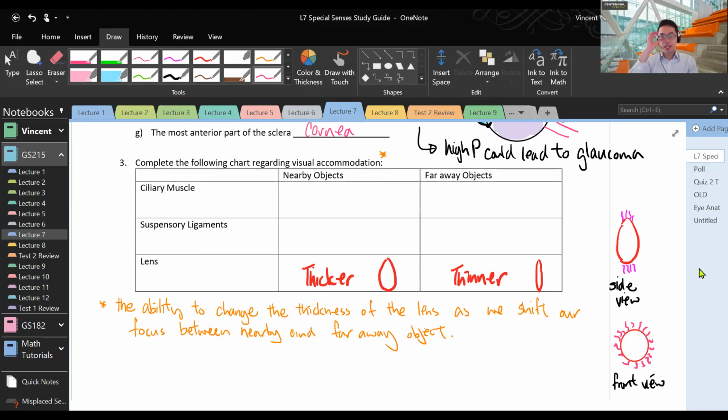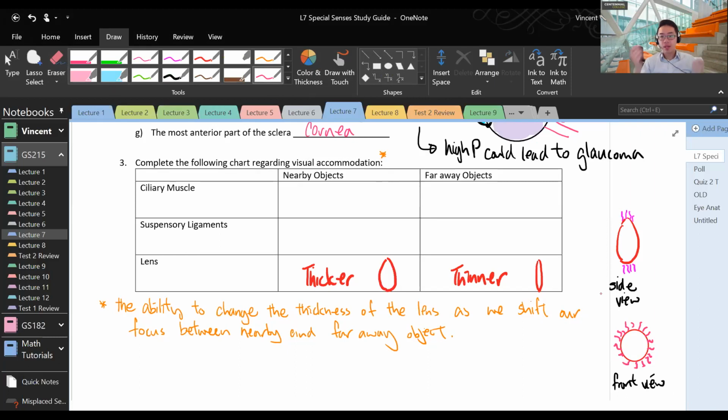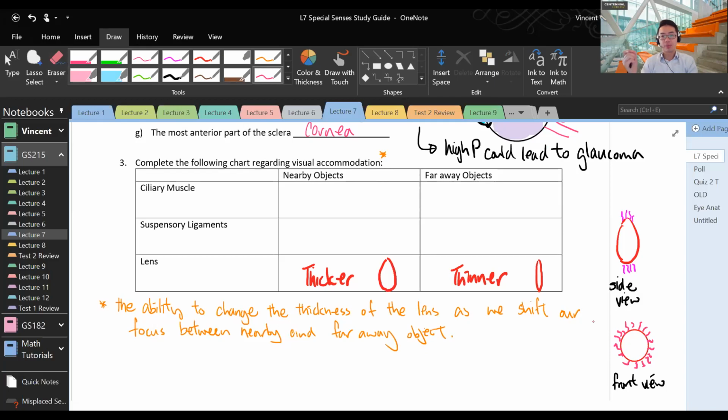Now, stay with me for a second. If all these ligaments pull on all sides, is the lens going to get thicker or thinner? If all the ligaments around the lens pull on the lens, will the lens get thicker or thinner? Okay.